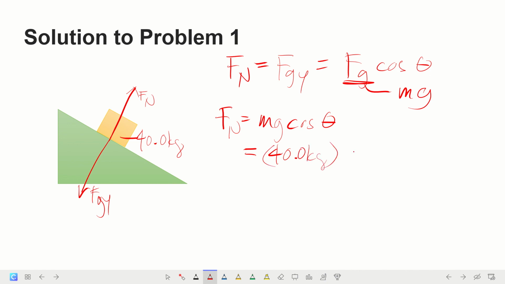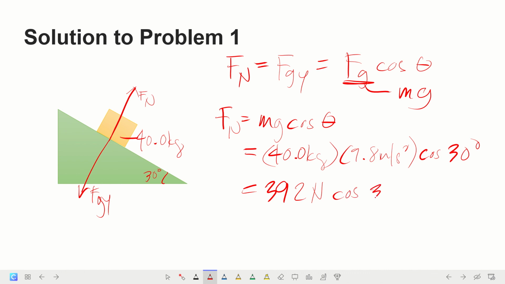So, 40 kilograms times 9.8 meter per second squared times cosine 30 degrees. Kasi yung angle dito is 30 degrees. So, 40 times 9.8 is 392 Newton. 392 newtons cosine 30 degrees is equal to 339.48 Newton.